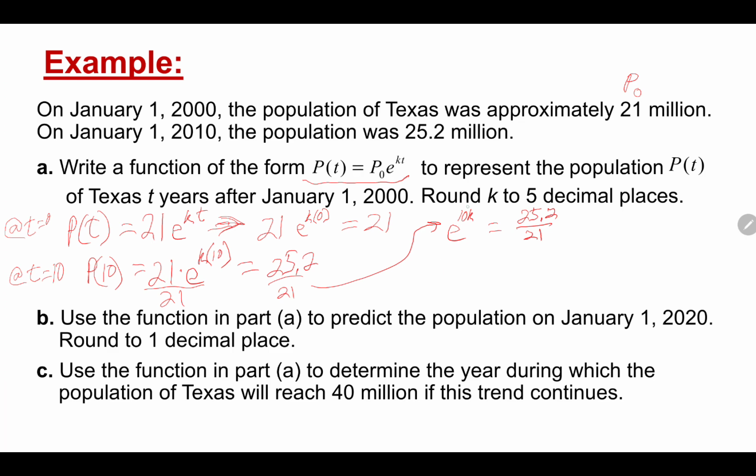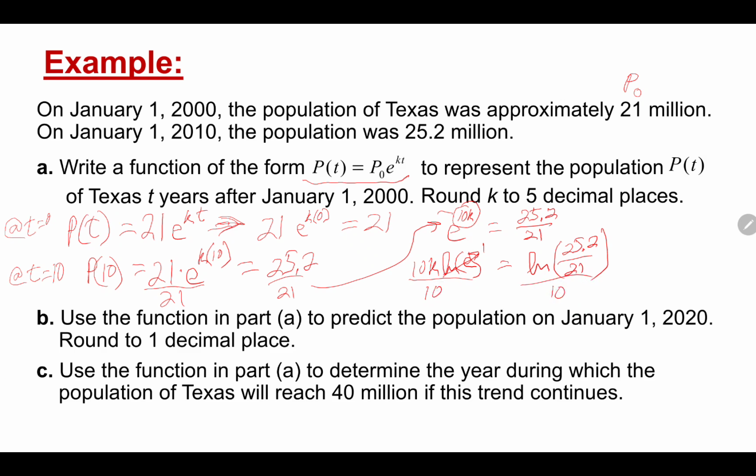And then I'm going to ln both sides. So I have 10k ln of e, that's going to go away, is equal to the ln. Remember, if you do ln on one side, you got to do it to the other side. 25.2 over 21. This goes to 1. So I'm really just dividing by 10.